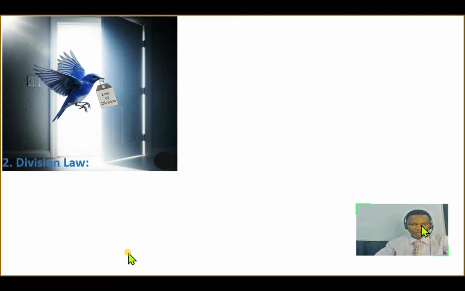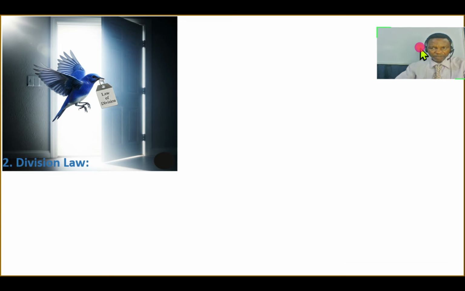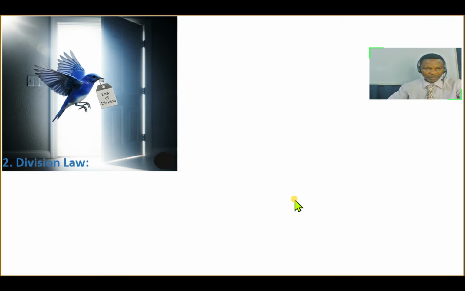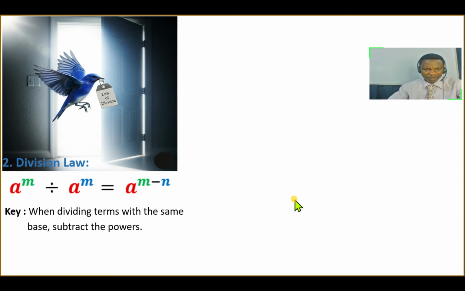Let's look at the next one, which is the division law. Now the division law, we have a raised to power m divided by a raised to power n. What is it going to be?